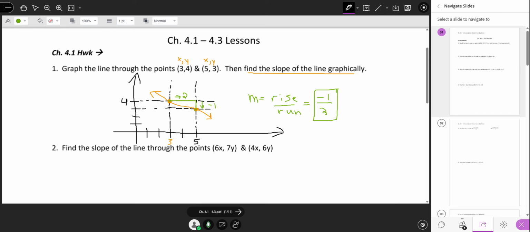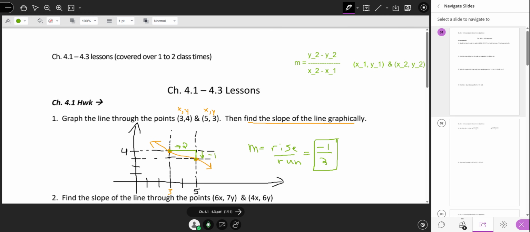Now, there's a formula for this, which I typed out in order to save time.